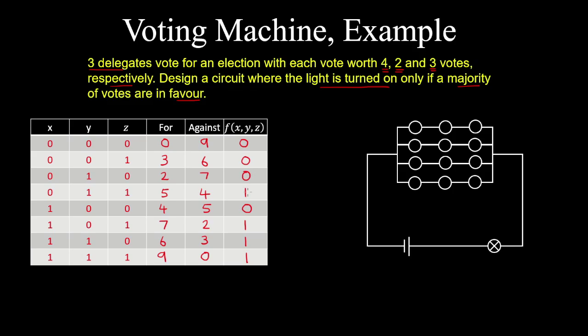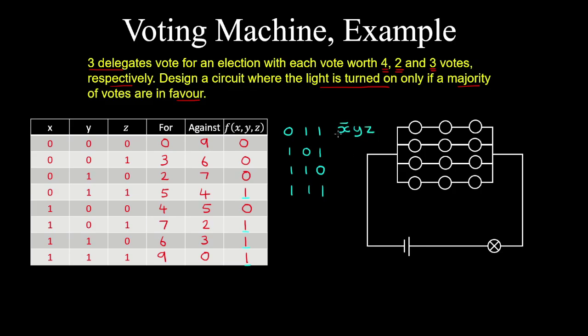Now if we consider the rows where the function evaluates to 1, we have the inputs for this row being 0, 1, 1, 1, 0, 1, 1, 1, 0, and 1, 1, 1. So we can write our Boolean expressions for each of these rows as the complement of x, y, z.